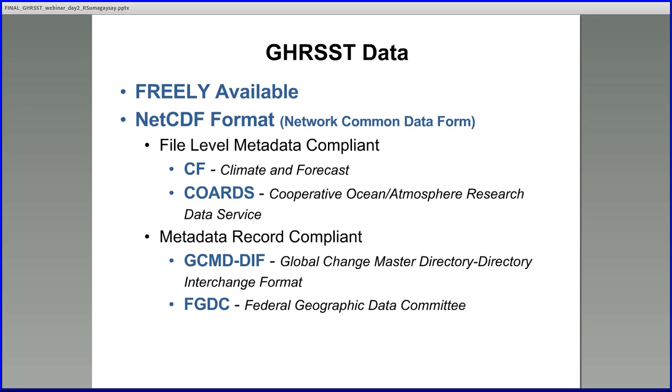DIF stands for Directory Interchange Format and is used in GCMD to create directory entries which describe a group of data such as GHRSST. Also, an FGDC compliant metadata record is applied, where the information is produced at the NOAA National Oceanographic Data Center. NOAA NODC for short is the GHRSST Long-Term Stewardship and Reanalysis Facility.